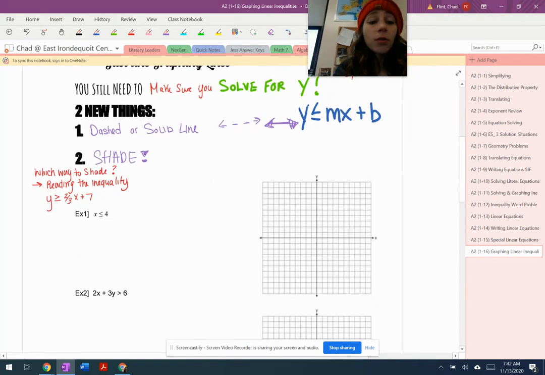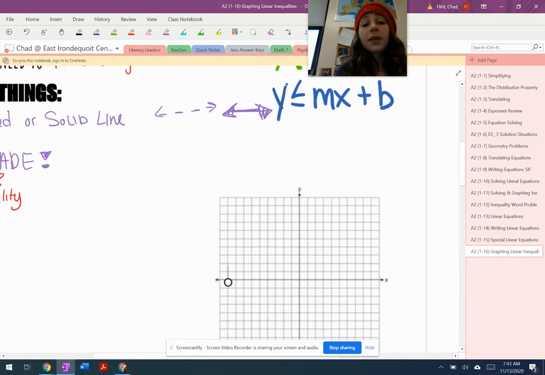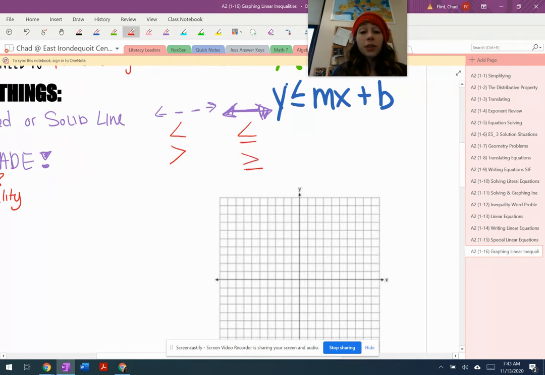Okay, so the last thing we need to talk about is which inequality gets which kind of line. The dashed line is going to be for the less than and the greater than, whereas the solid line is going to be for the less than or equal to and the greater than or equal to.